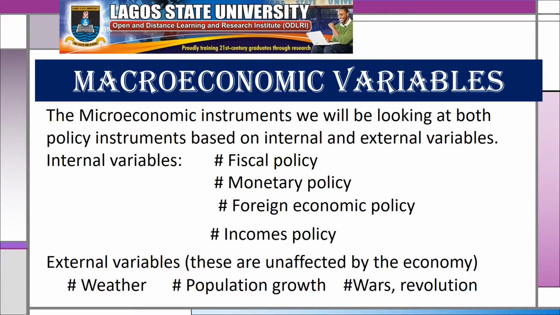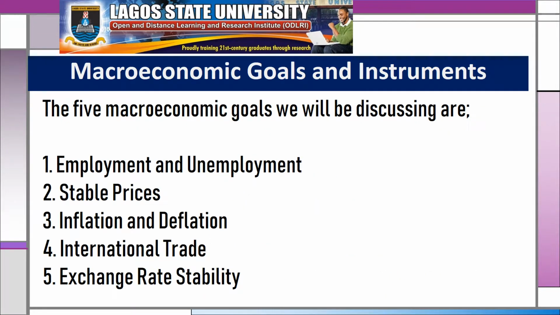External variables, we look at weather, population growth, war, revolution, as it affects different economies. The five macroeconomic goals we'll be discussing are employment and unemployment, stability of prices, inflation and deflation, international trade, and exchange rate stability.